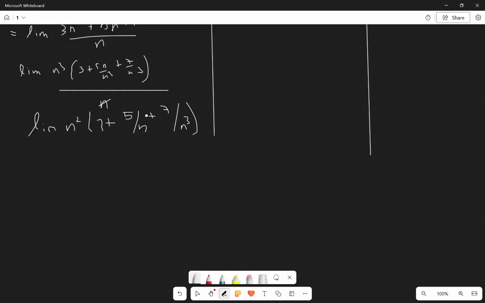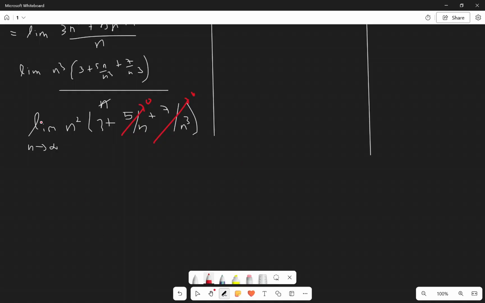So what happens is that as n goes to infinity, 5 divided by n goes to 0, because a constant value is being divided by a very large value. Same thing with this, it will also go to 0.